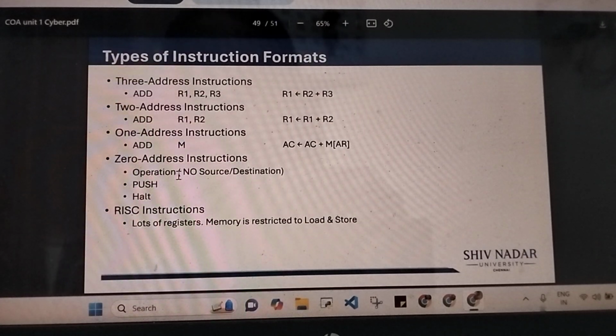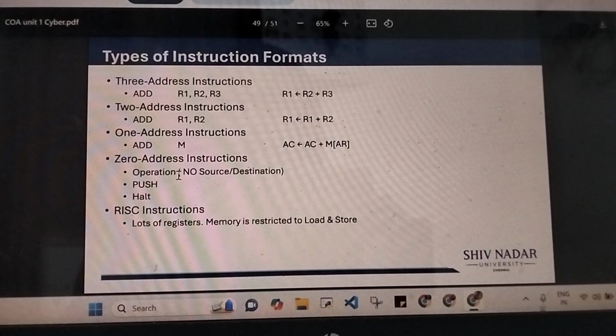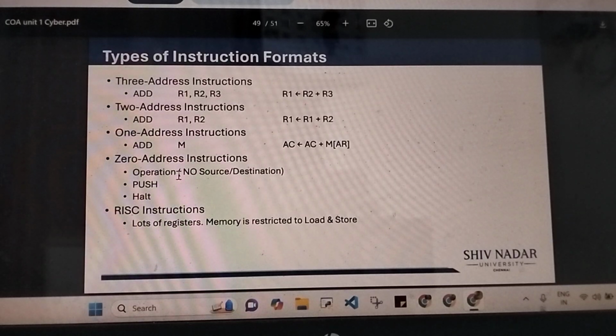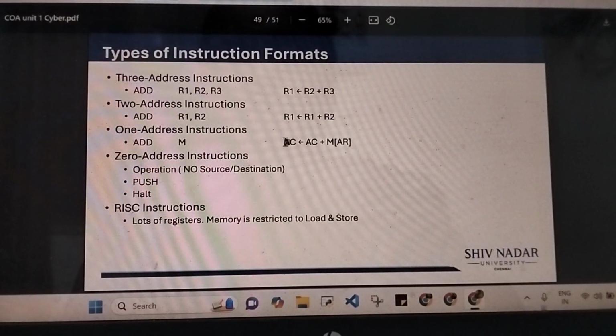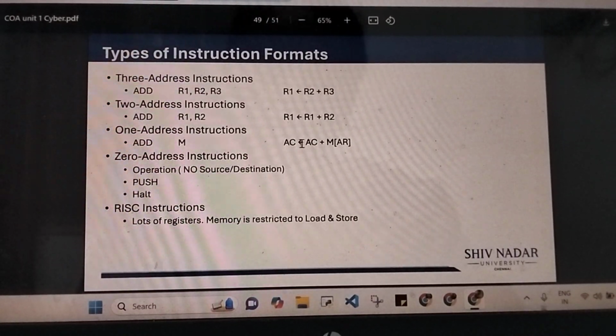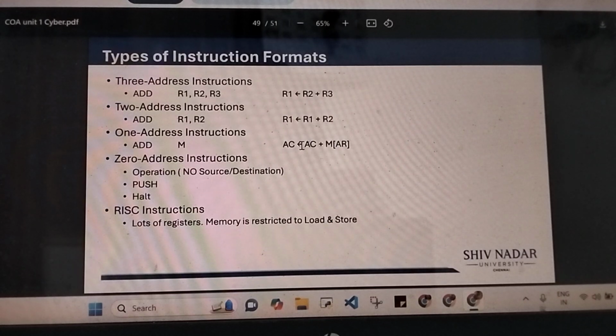Next we move on to 1 address instructions. So as the name suggests, in 1 address instruction we have the command and 1 operand. So you give the address of 1 operand. The other one is implicitly assumed to be a special purpose register called the accumulator. So for 0 address instructions, we implicitly understood that the destination will always be your stack register, right?